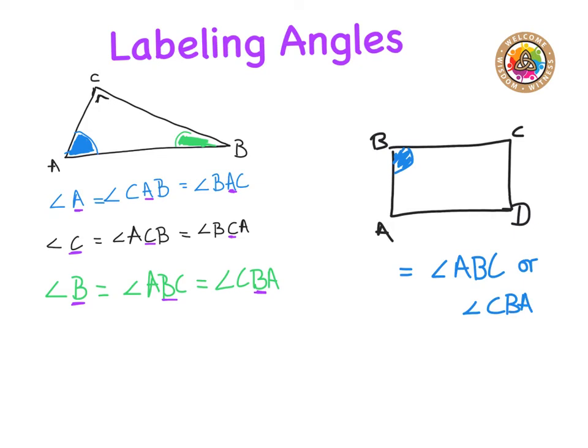And lastly, if I want to look at this angle here, that would be angle ADC or it would be angle, no, D has to be in the middle, so angle CDA. Okay, so they're the possibilities.